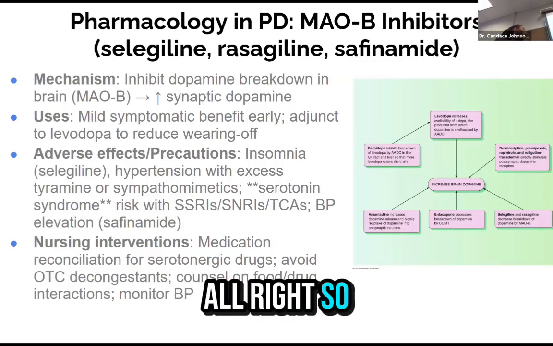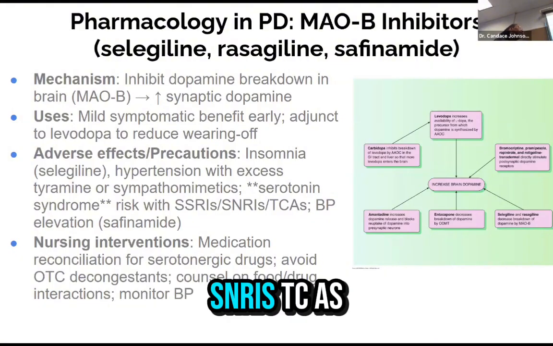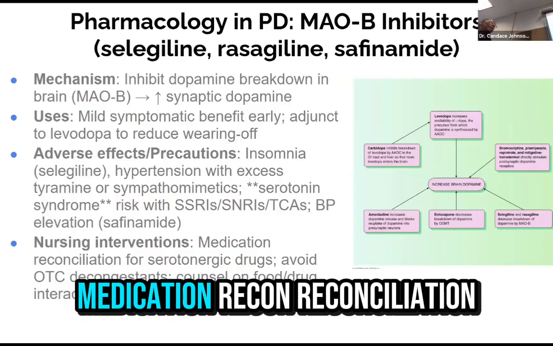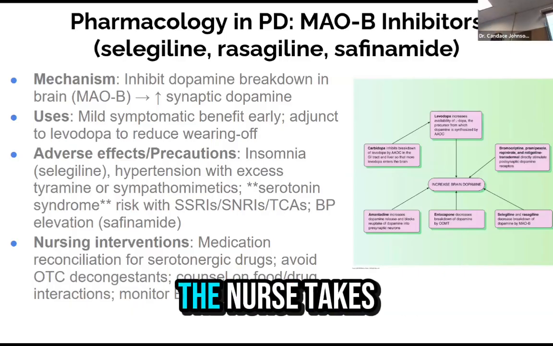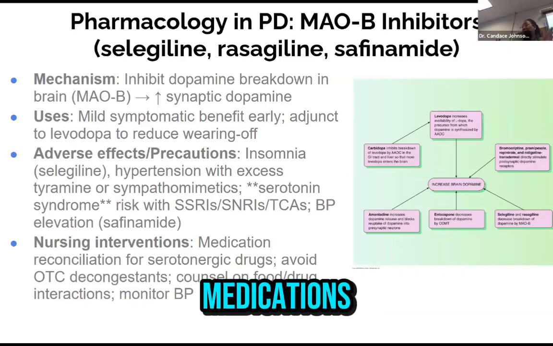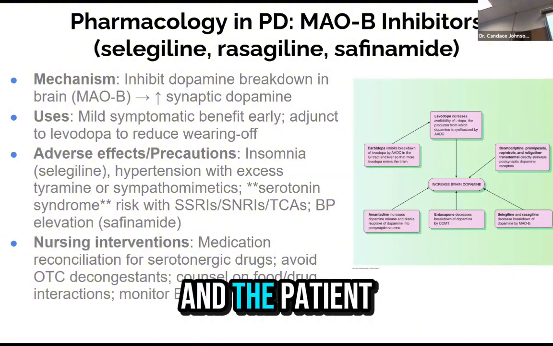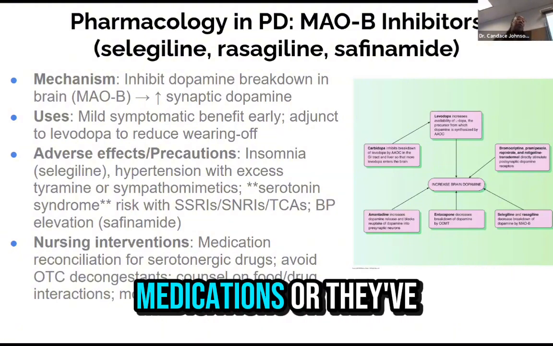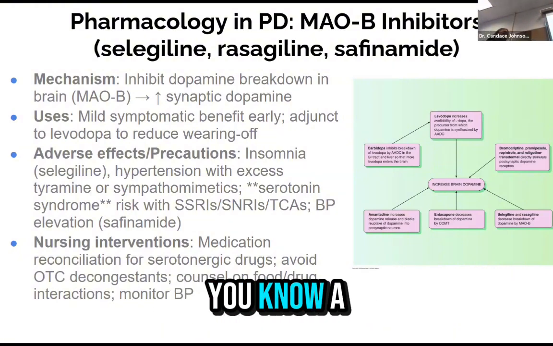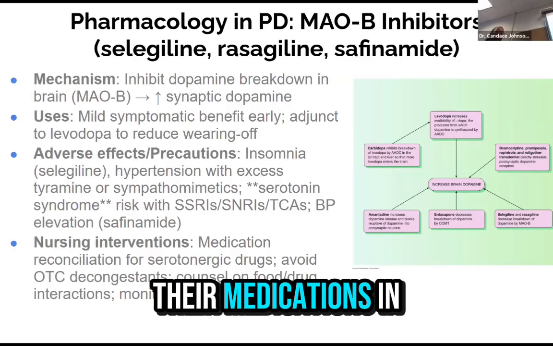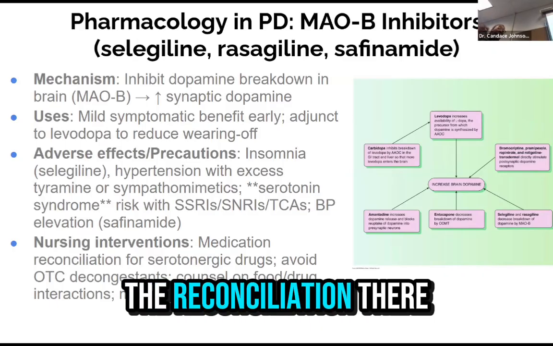All right, so serotonergic drugs are the SSRIs, SNRIs, TCAs. So you need to do a medication reconciliation. This is when the nurse takes all of the medications the patient's taking, and the patient has told you verbally, I'm on these medications, or they've brought over a sample of all their medications in a bag, and you do the reconciliation there.